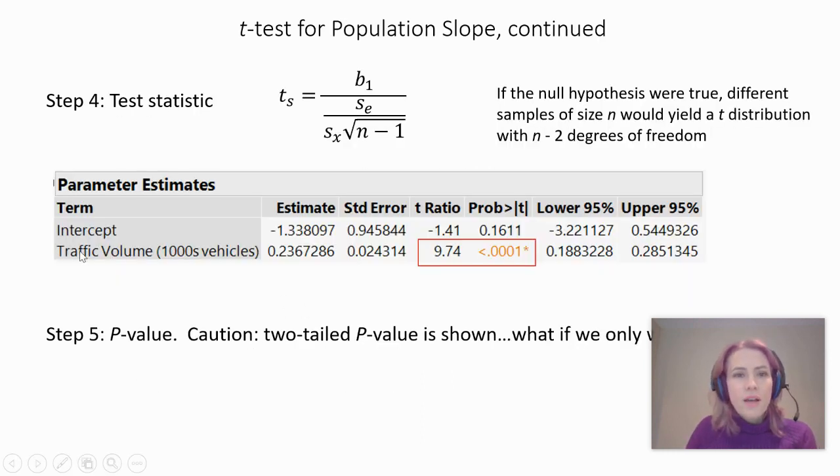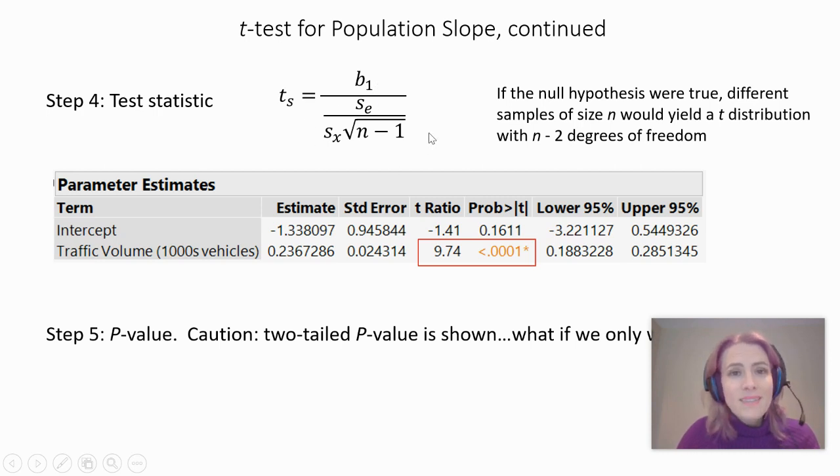All right, so for this t-test, this is what the t-statistic would look like. So remember, our t-statistics are like a signal-to-noise ratio. So what signal is there that the population slope is different from 0? Well, we have a sample slope. Let's use that. So the sample slope is our signal.